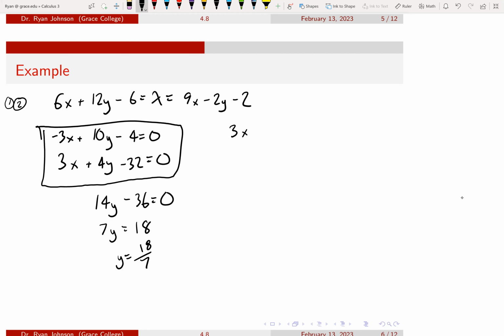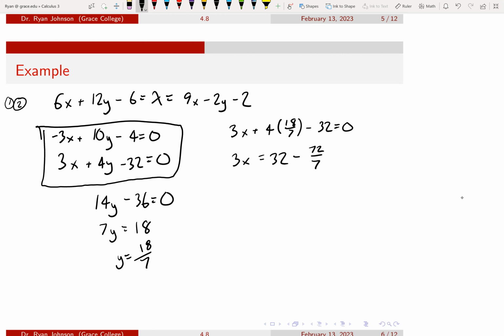So 3x plus 4 times 18 over 7 minus 32 equals 0. So then 3x equals 32 minus 4 times 18 over 7, which is 72 over 7.